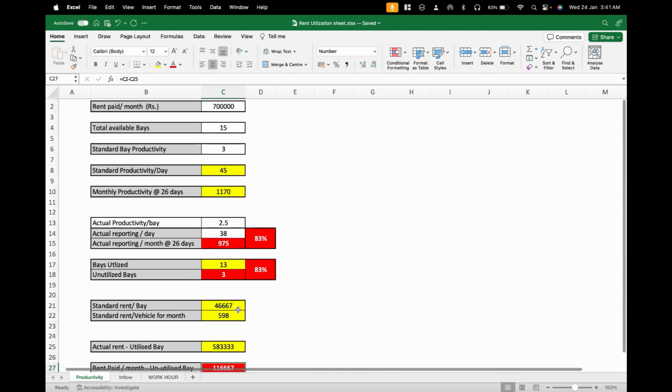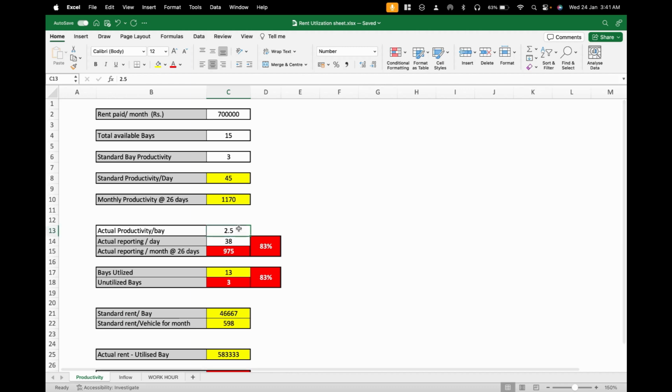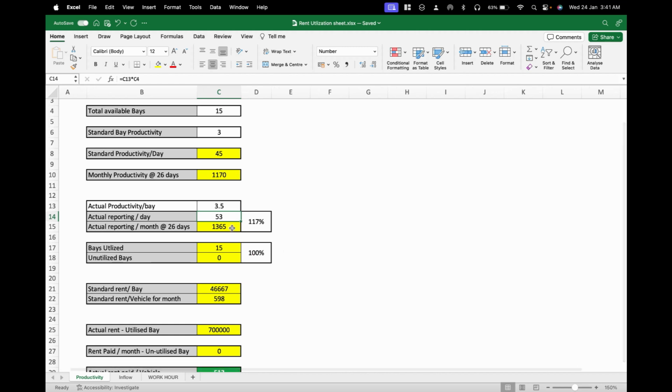In the second case, if you increase the productivity from 2.5 to 3.5, how does it help? Now the actual reporting of cars has come to 1365, which is almost 117% of your standard inflow.